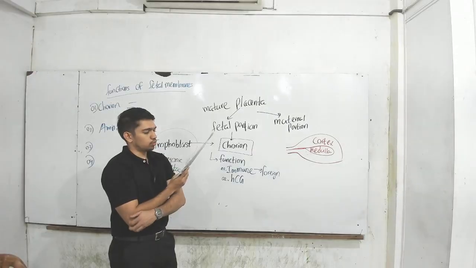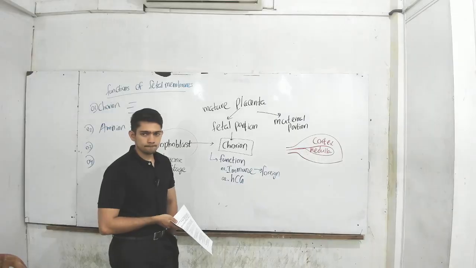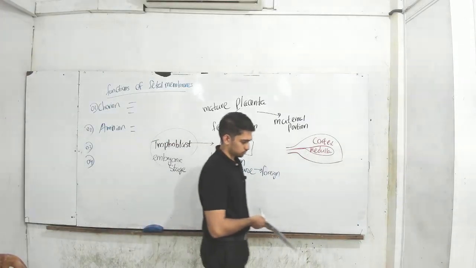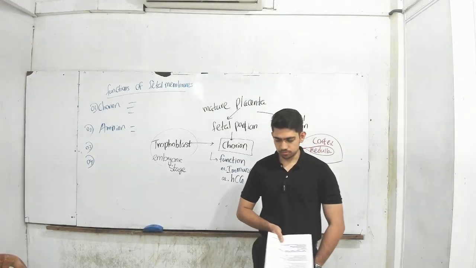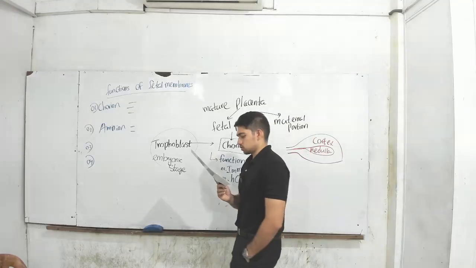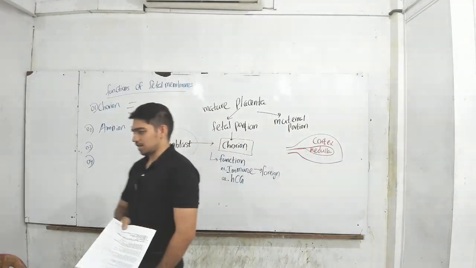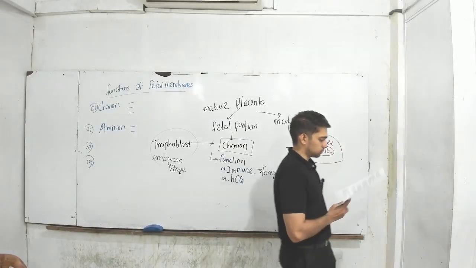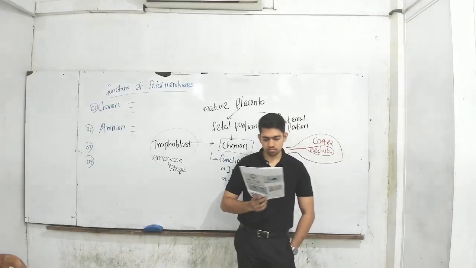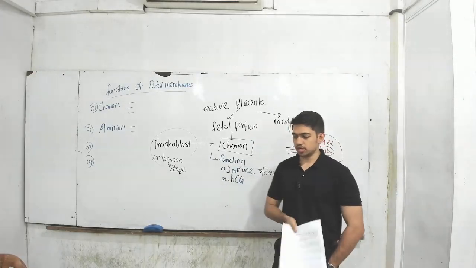Associated with the development of the urinary bladder? Who's that? Allantois. So it is not amnion, it is allantois that will become the urinary bladder. Helps to prevent desiccation?